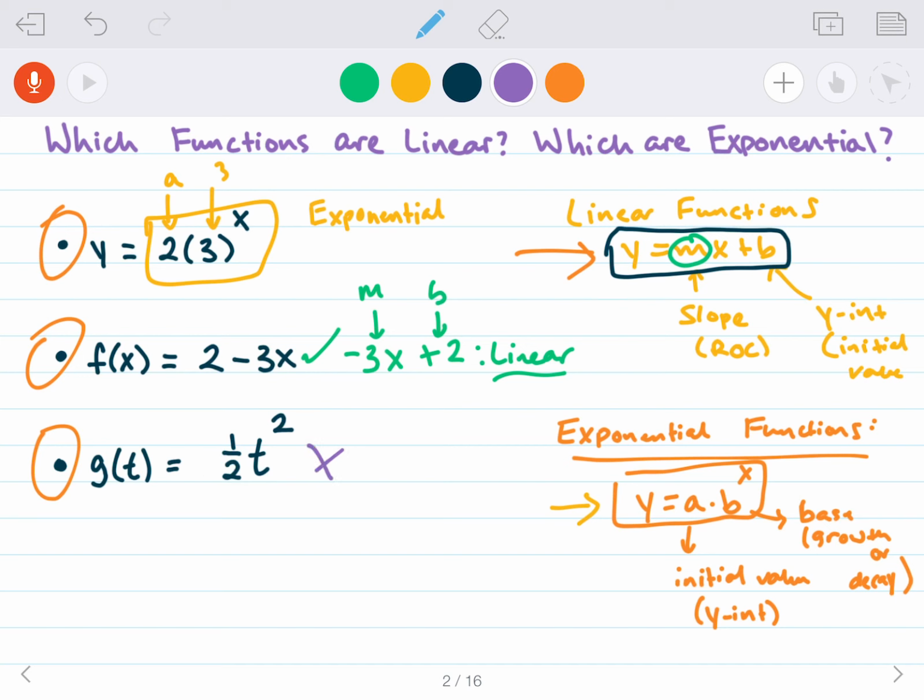Now this is going to be neither, because in order for us to have an exponential function, we need a variable in the exponent, which we don't have. And this is not linear because of the 2 in the exponent. Linear functions have to have an understood 1 on the exponent of the variable. So this is going to be neither linear nor exponential.